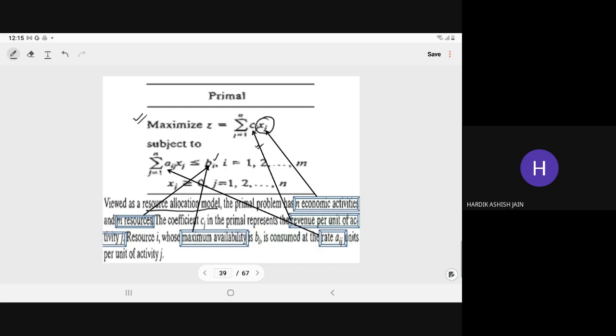So here we can understand the given problem as a resource allocation model.